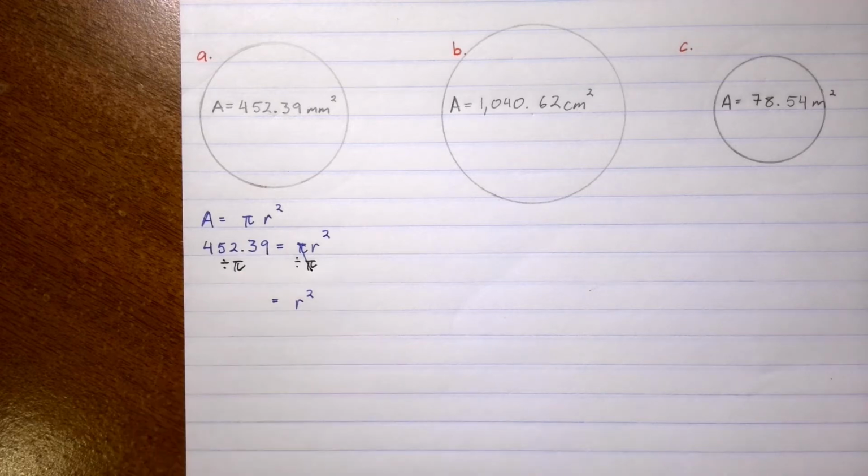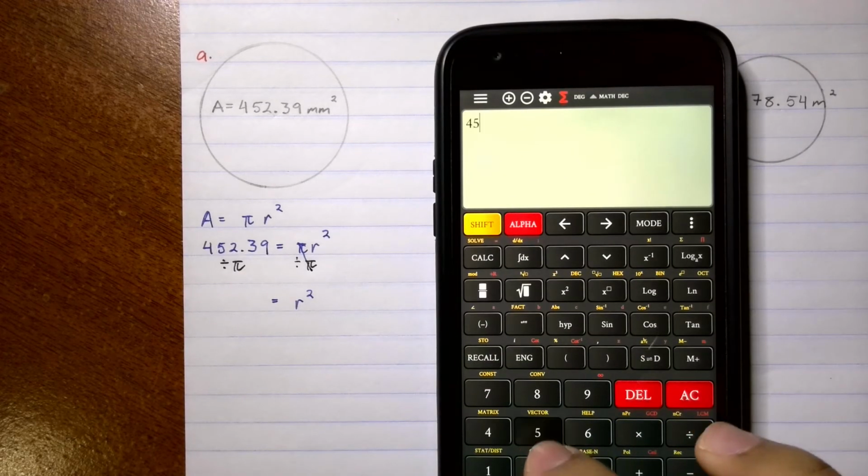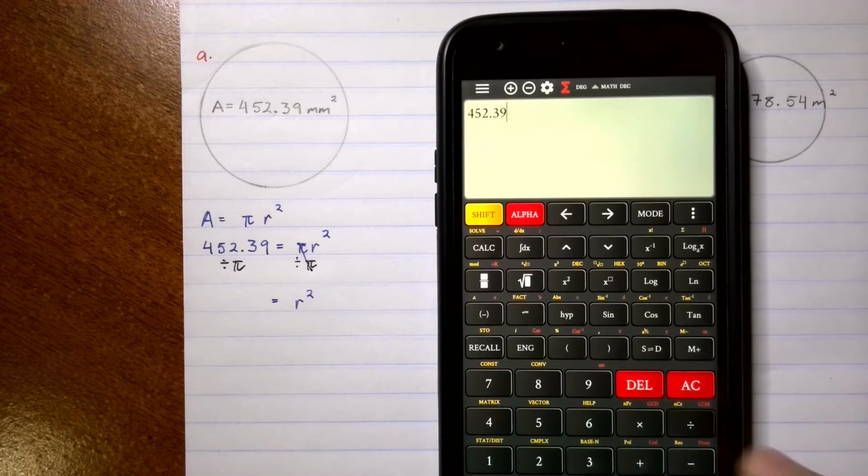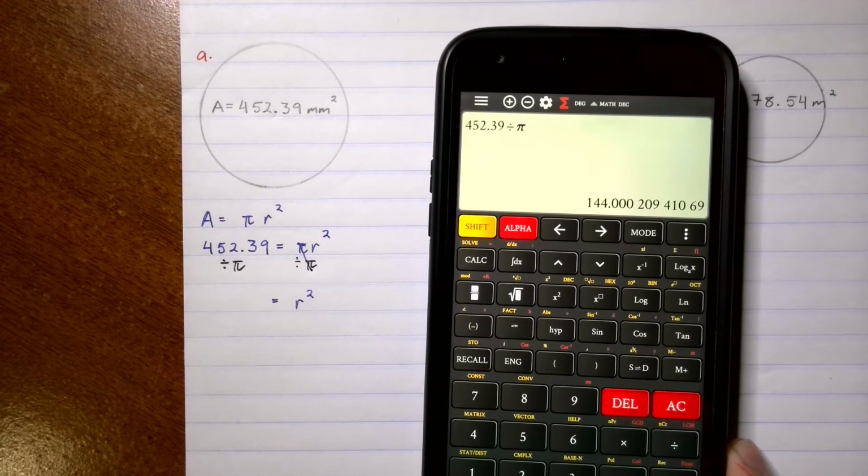452.39 divided by pi gives us 144.000209.